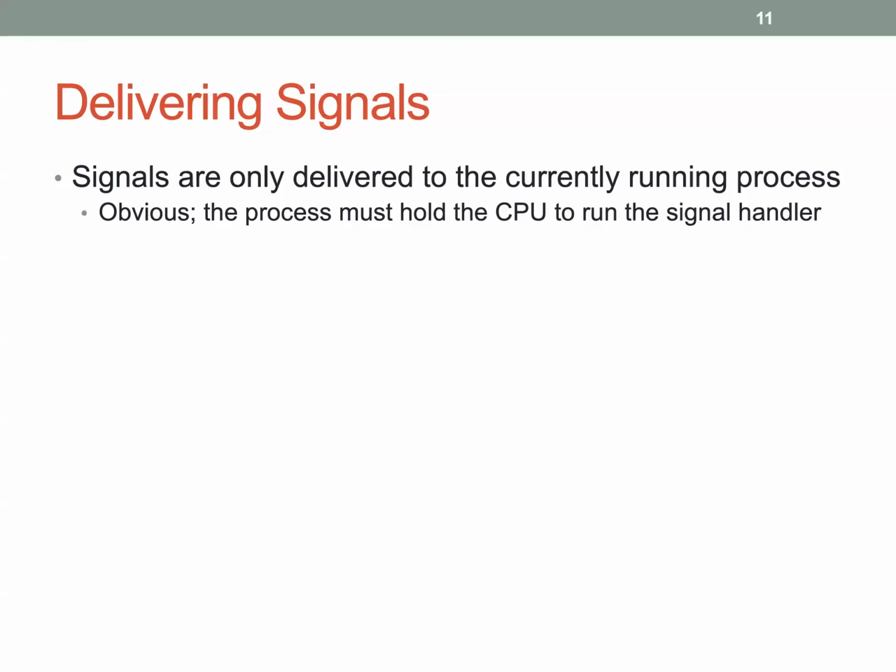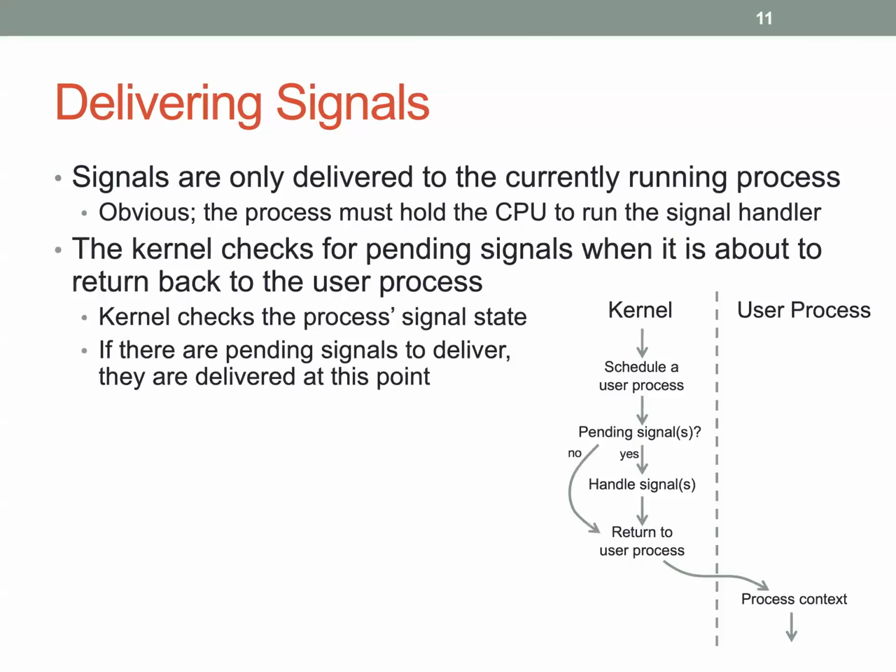So this is sort of the background of the statement: signals are only delivered to the currently running process. You have a flow something like this. The scheduler runs just like I was saying. And now we have a new process. We switch to the process's corresponding kernel thread. We can access all the kernel data structures for that process. We can look at the signal state and say, are there any pending signals to deliver to this process?